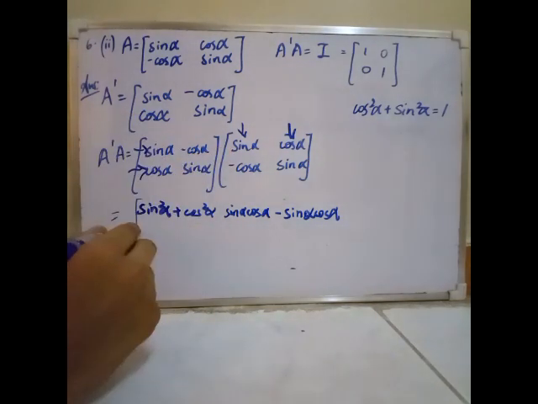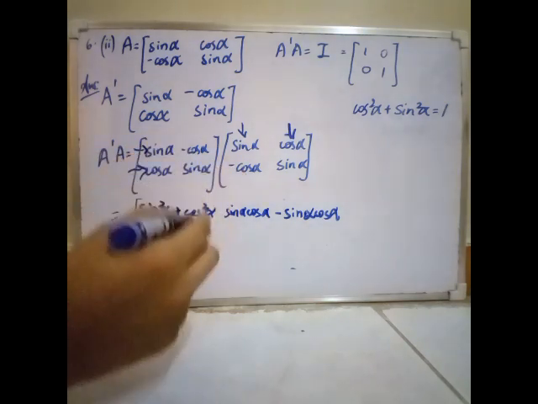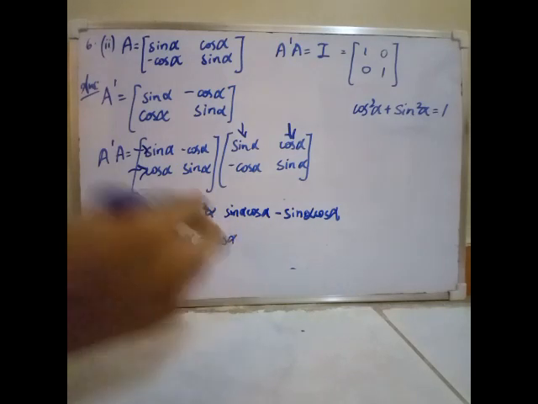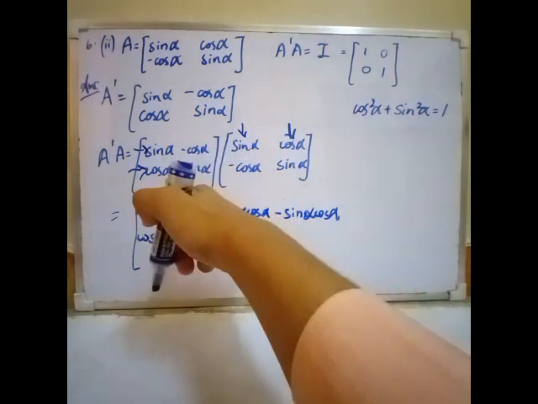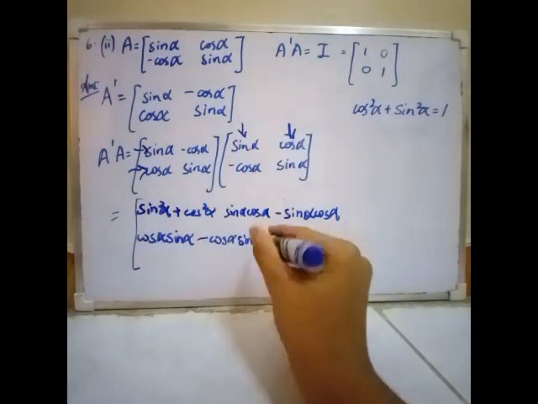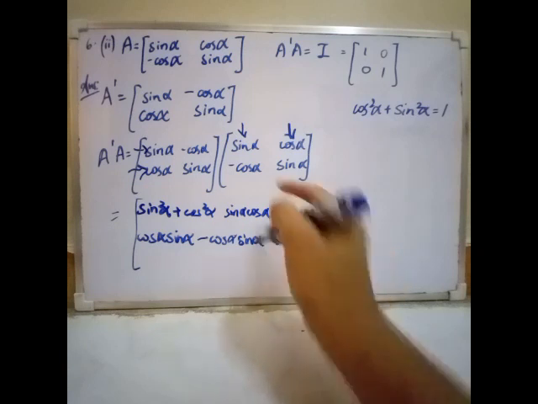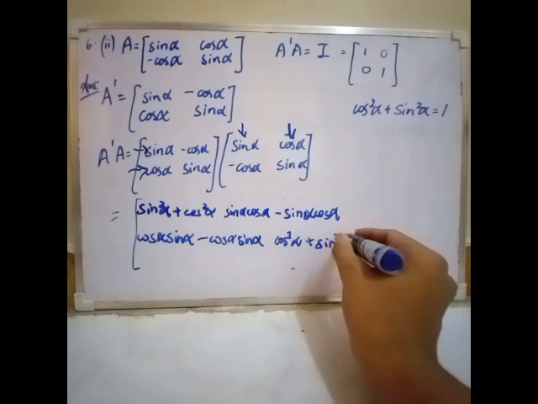Cos times sine would be cos sine, and sine times minus cos would be minus cos sine. Next, second one with second one, cos times cos, cos squared, then sine times sine would be sine squared.